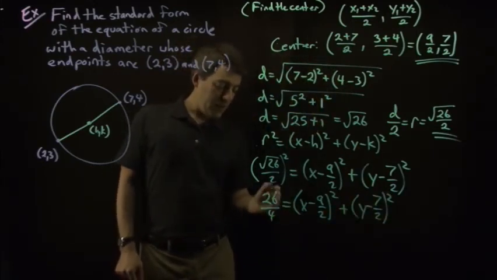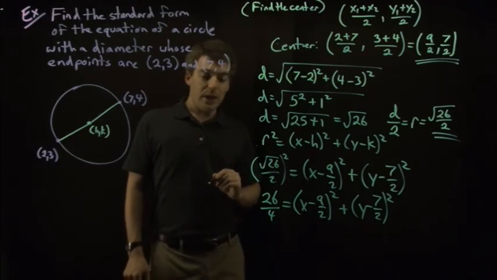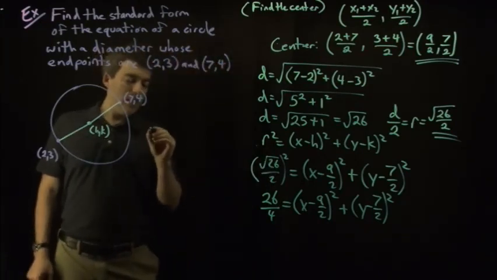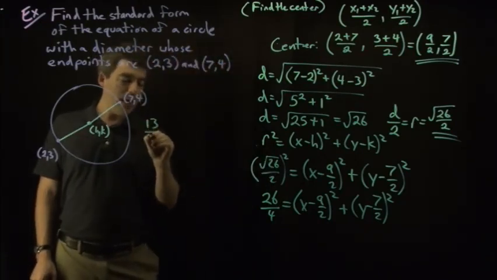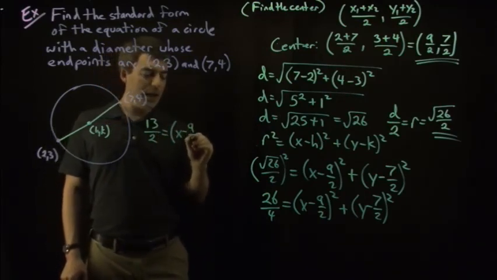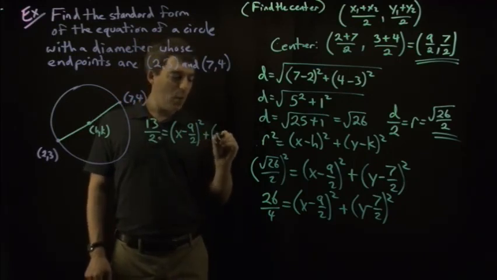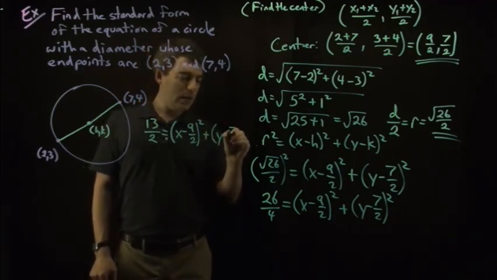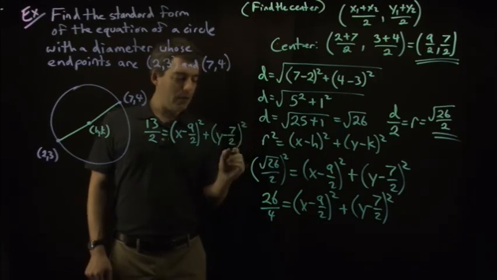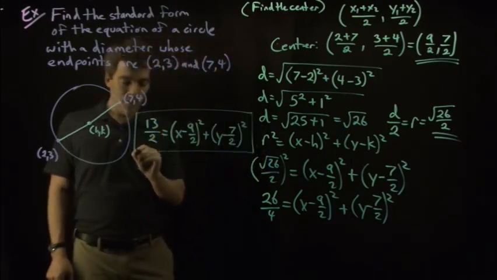And then we can simplify this. We have 26 over 4. They both have a factor of 2, so we can write this as 13 halves. So 13/2 = (x - 9/2)^2 + (y - 7/2)^2. There we have the standard form for this circle.